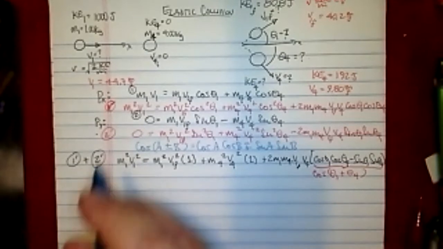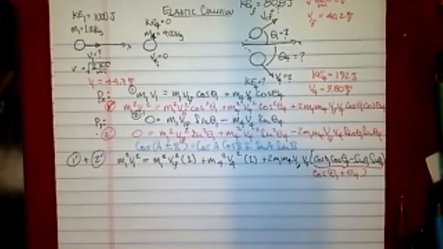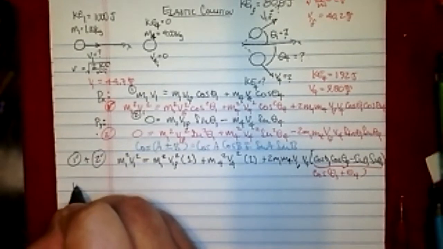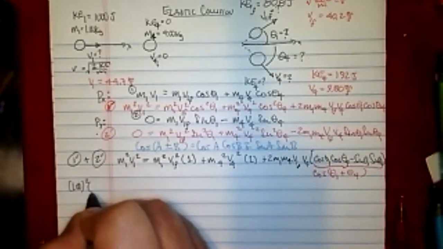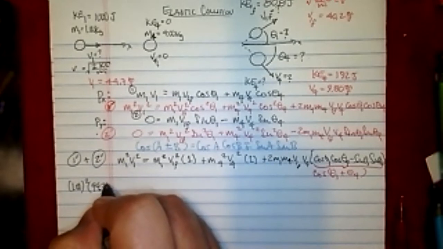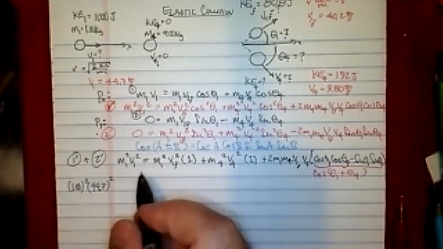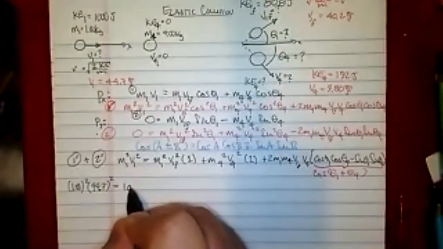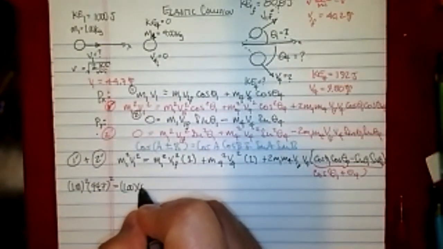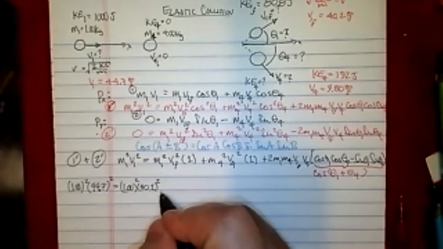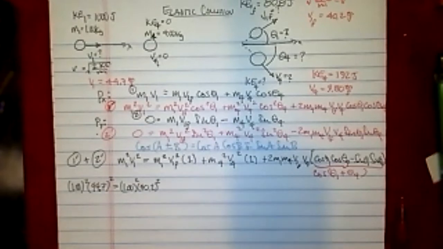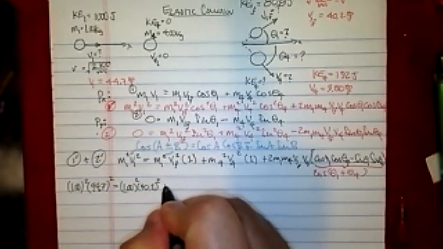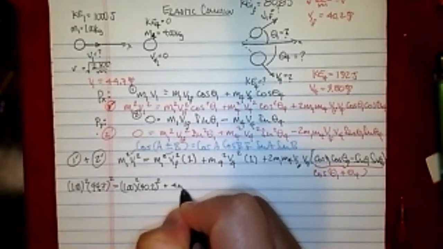So I'll plug in the numbers. This becomes m1 squared is 1.00 kilograms squared. V1 was 44.7 meters per second squared equals 1.00 times 40.2. Both of those are squared. So that takes care of that term. I've done this one. I've done this one. Now M4 is plus 4.00 squared.